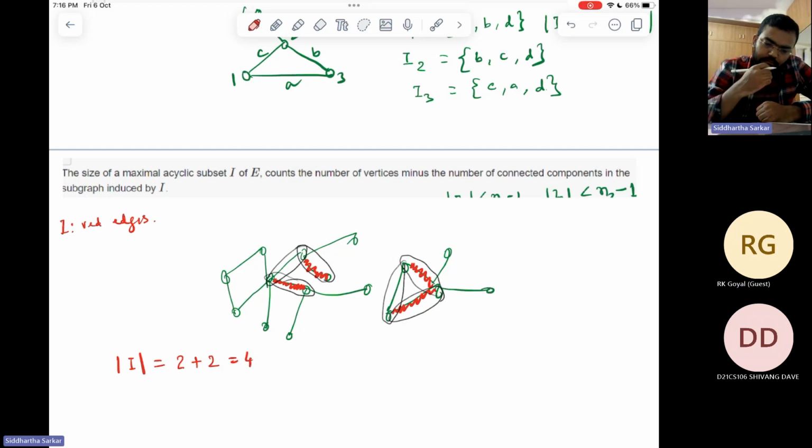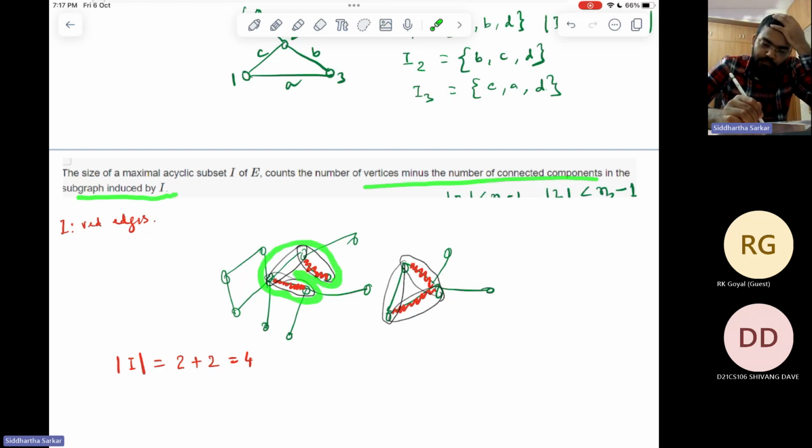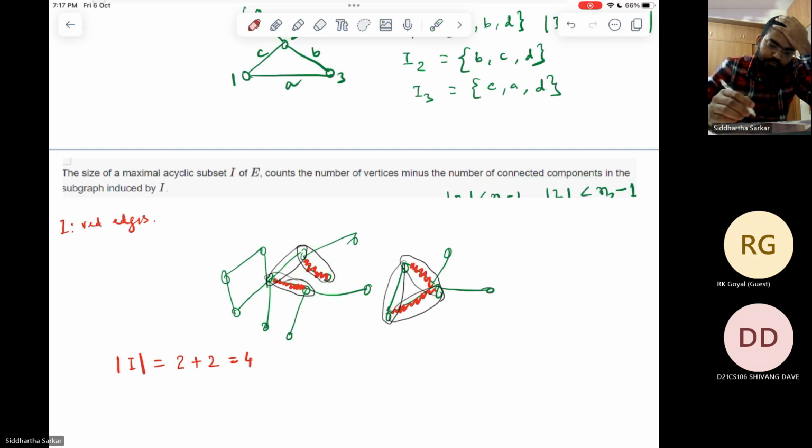On the other hand, we need the number of vertices minus the number of connected components in the subgraph induced by I. First of all, you have to count how many vertices are there in the subgraph induced by I. 1, 2, 3, 4 here, and 1, 2, 3 here. So 3 plus 4, 7. So 7 is the number of vertices in the subgraph induced by I.